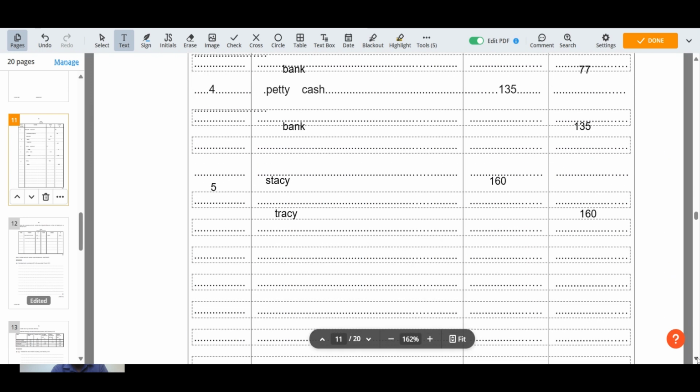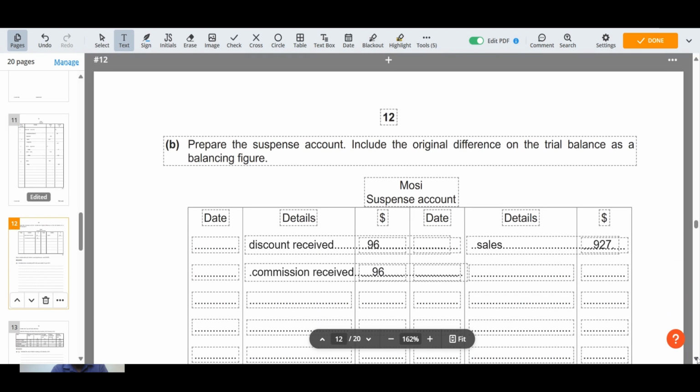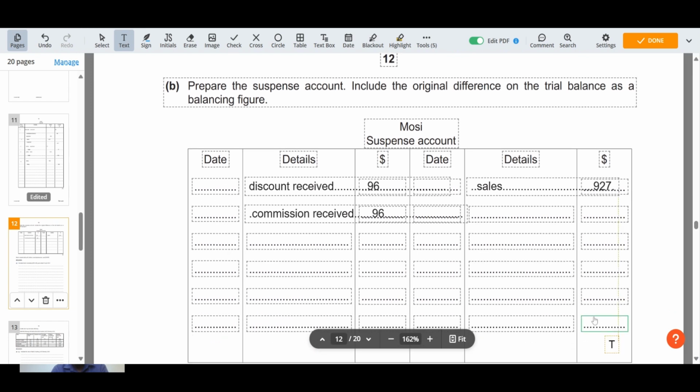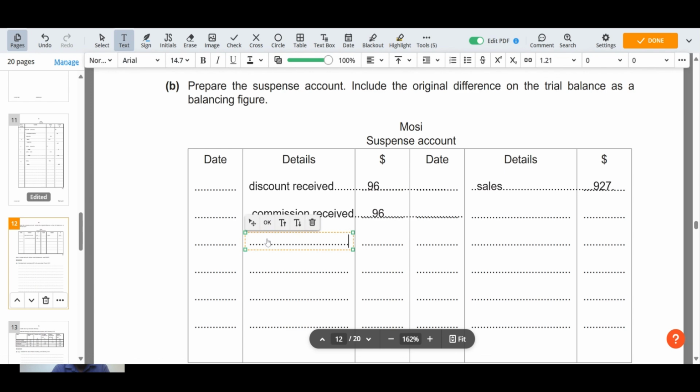So if you try and balance this now, the difference is going to be the difference in the trial balance, which is actually going to be here, because here we have 192. So here we have difference in TB, let me just call it that so that I don't waste time. So we have 192.